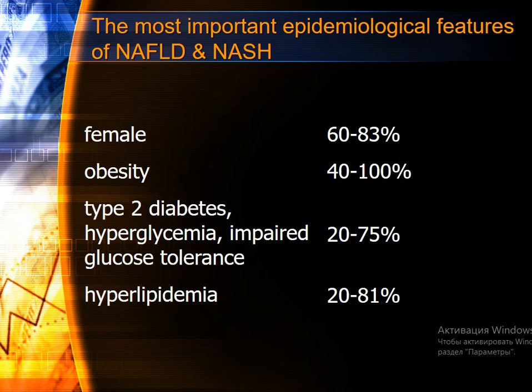According to epidemiological data, we distinguish the most important epidemiological features associated with non-alcoholic fatty liver disease. First of all, gender. In females, this disease is most common. It's associated with obesity, type 2 diabetes, hyperglycemia, impaired glucose tolerance, and hyperlipidemia.